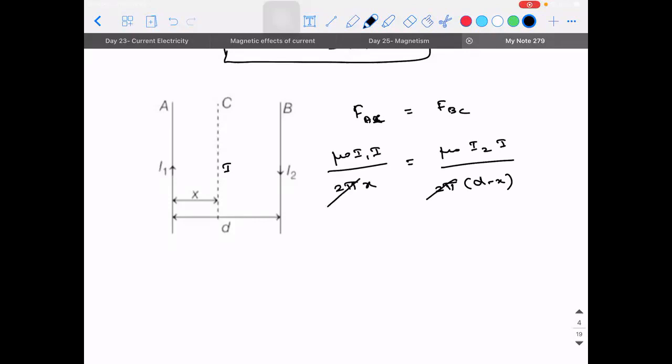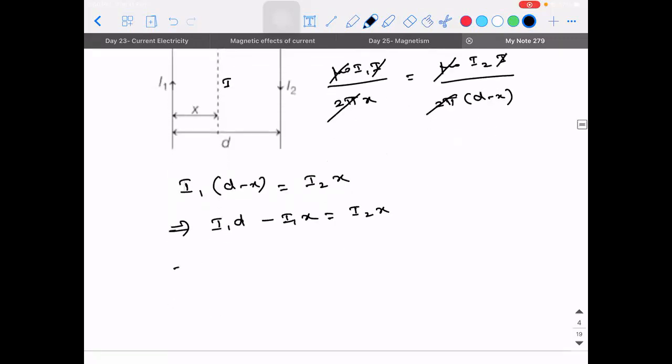Mu naught I gets cancelled. So I1 into d minus x is equal to I2 into x, which implies I1D minus I1X is equal to I2X, which implies X is equal to I1D the whole divided by I1 plus I2. There is one such possible value.